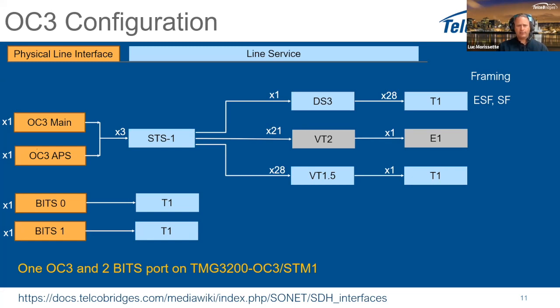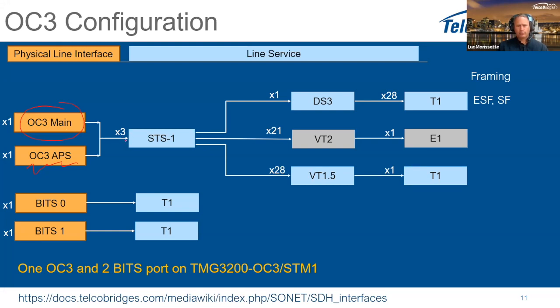The physical line interface, you have one OC3 connection here, which is normally a fiber connection. And there is an optional protection, so you can have a second fiber, and then this connects to the carrier, and you can switch between the two automatically on fiber failure. Right? These fibers have a 15-kilometer reach, so it can be pretty long.